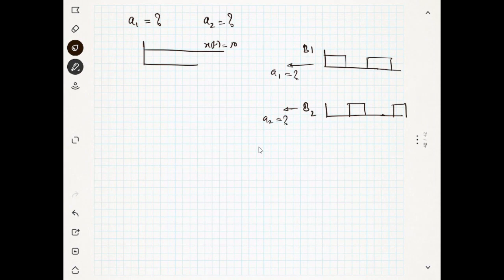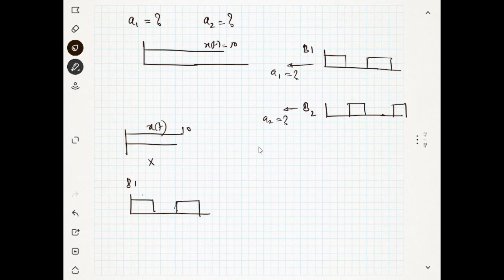You can find this by multiplying your signal x of t with B1 first. If you multiply with B1, you will get 10, 10, everything will be 10, 10, 10, like this.